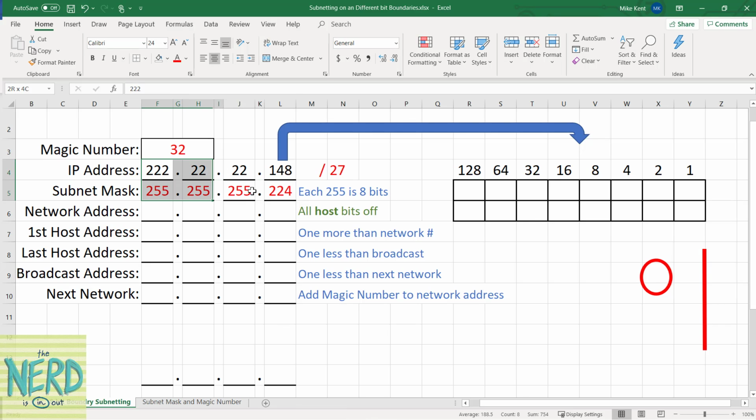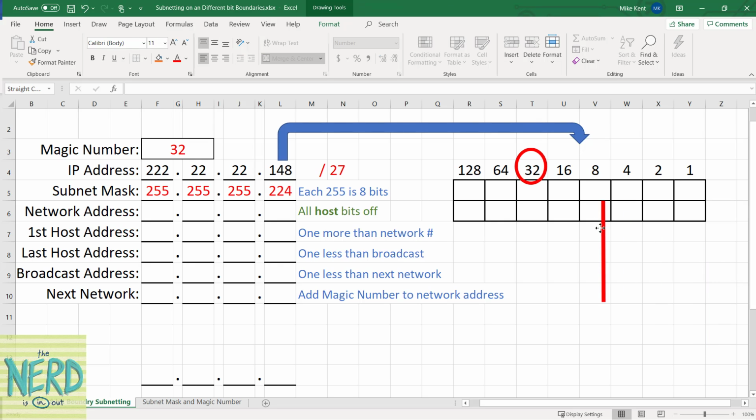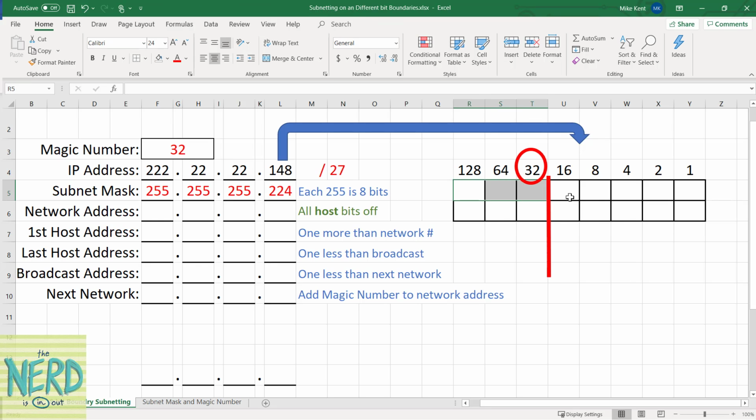Now, once again, if they give you both of these, you're not worried about it. Now, we also got my magic number. My magic number is going to be 32, and here's my dividing line, okay? Everything on this side is network, everything on this side is host. So to figure out what network we are on, I have to look at this number right here.